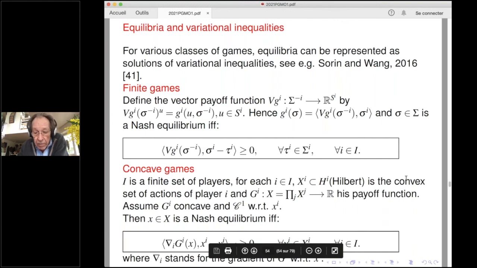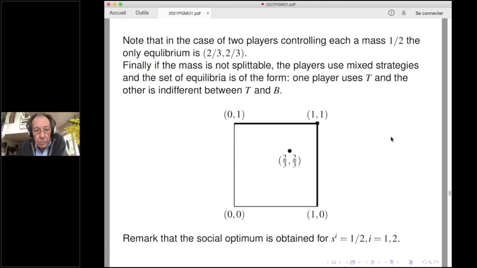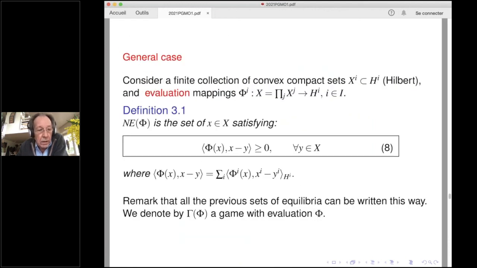For concave games, phi_i is the gradient of the payoff of player i with respect to his own variable component. And in the case of population games, phi is the payoff itself. So all these games can be written with evaluation mappings, and let us look at this. So the set of Nash equilibria is given by this.